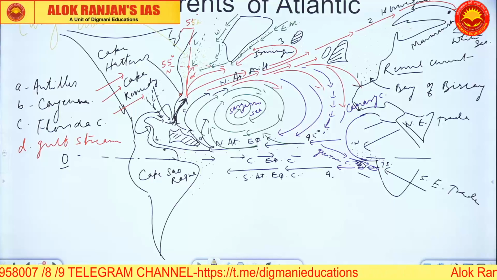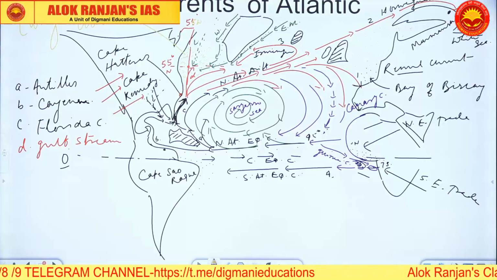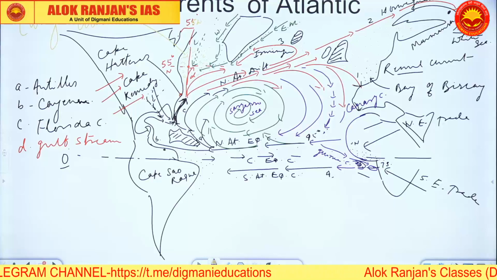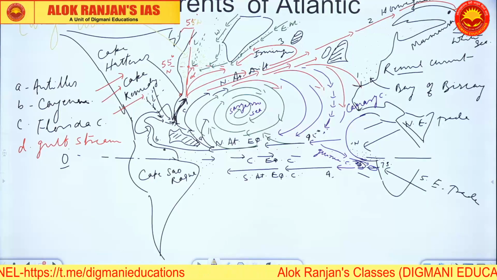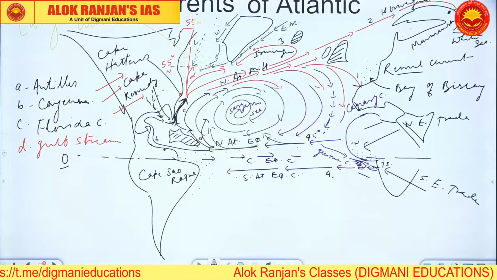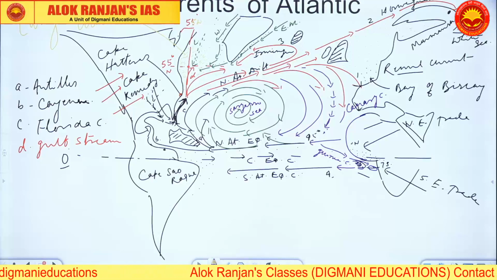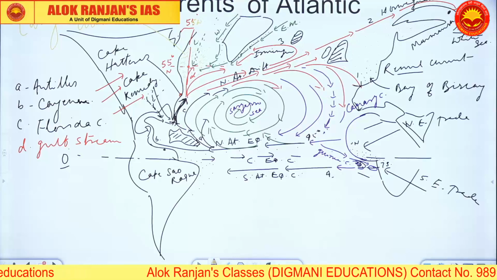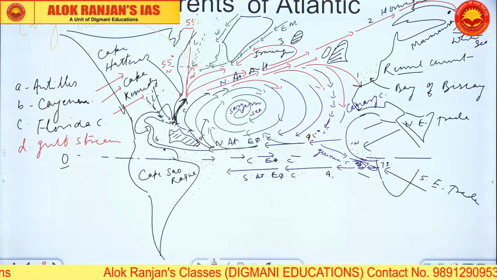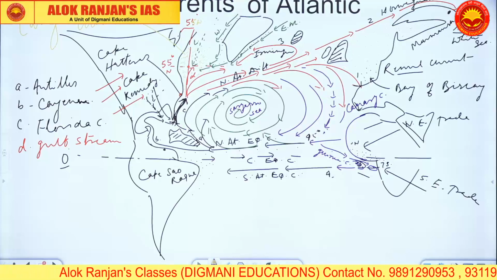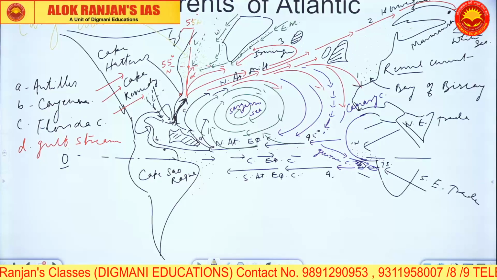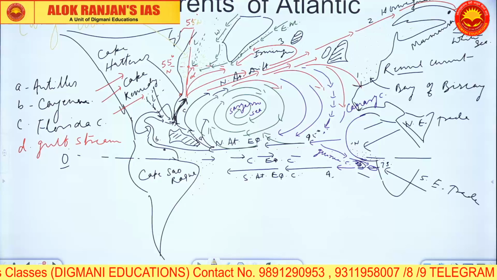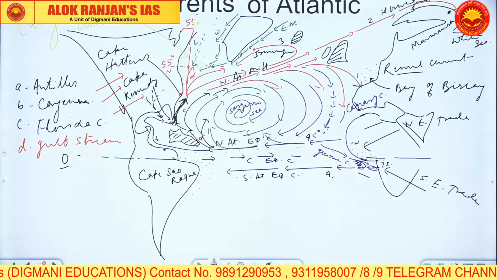North Atlantic drift. Here comes a question. North Atlantic drift diverges into 3 branches of Gulf Stream. No dear. We call it Gulf Stream between Cape Hatteras to the intersecting point of 55° west longitude and 55° north latitude.